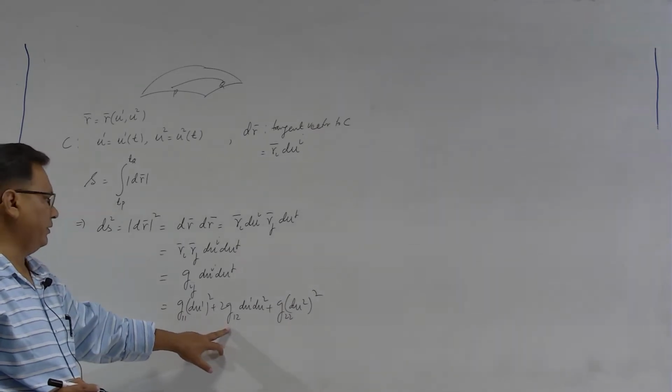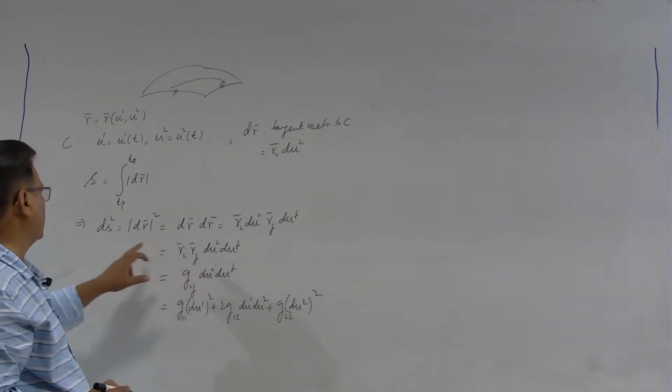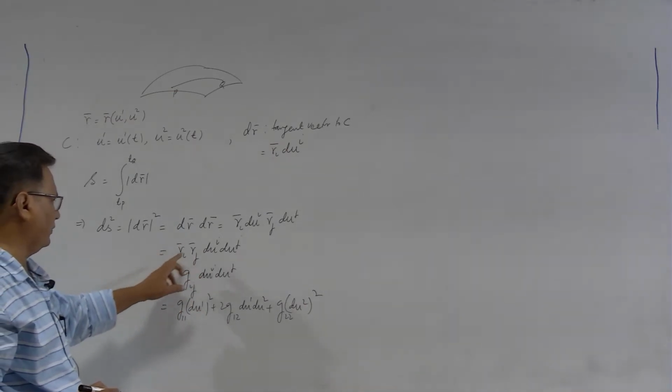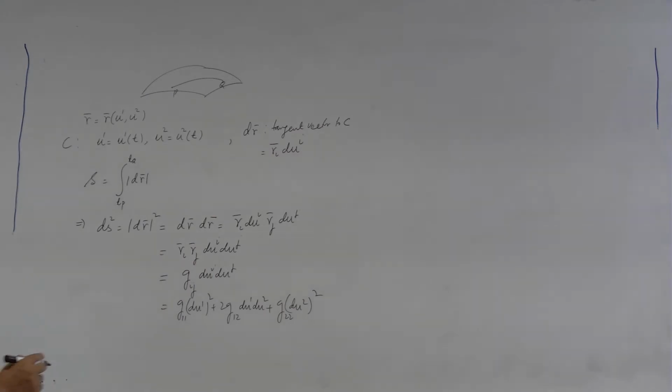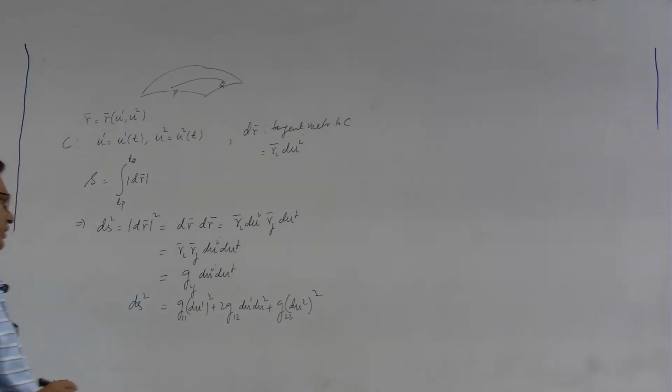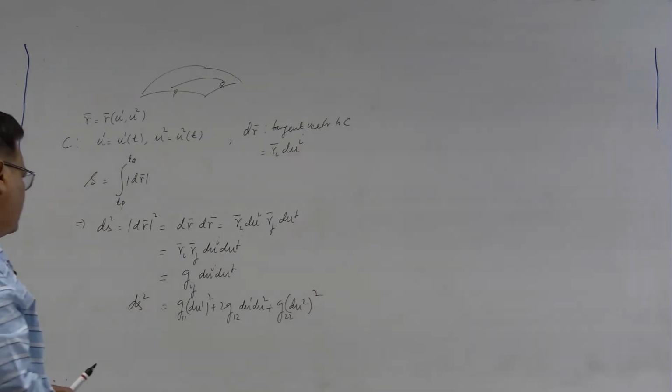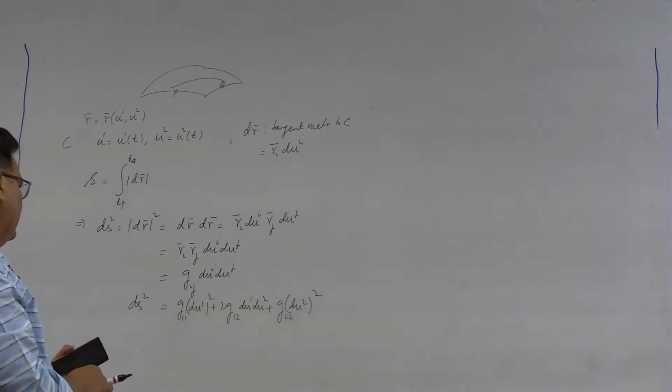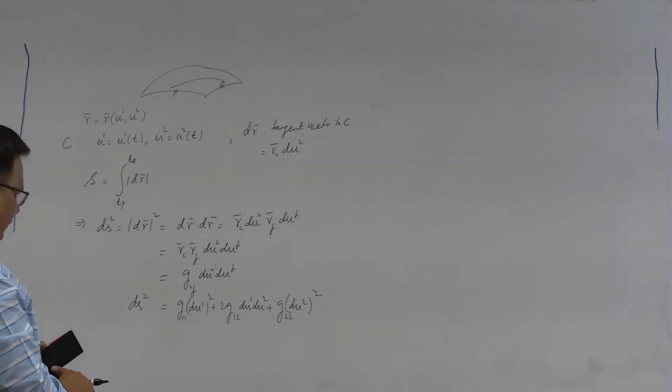So, it is symmetric in i and j, because it is nothing but the dot product of r_i and r_j. This quadratic form is called the first fundamental form. So, this is how we define the first fundamental form over a surface. Roughly speaking, this is the distance along some curved line over a surface.